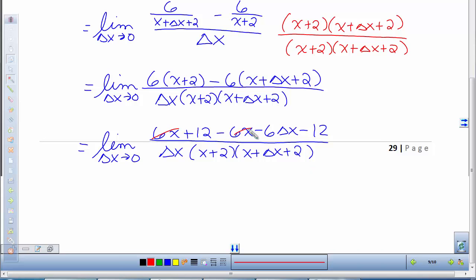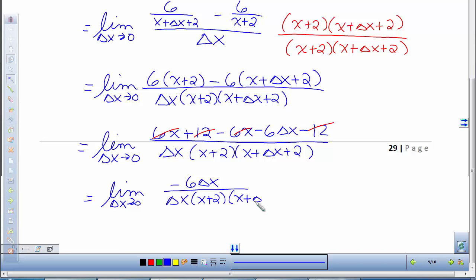The 6x is going to cancel, the 12s cancel. The only thing we're left with in our numerator has a factor of delta x, and that's what we want. So we've got the limit as delta x approaches 0 of minus 6 delta x over delta x times x plus 2 times x plus delta x plus 2.